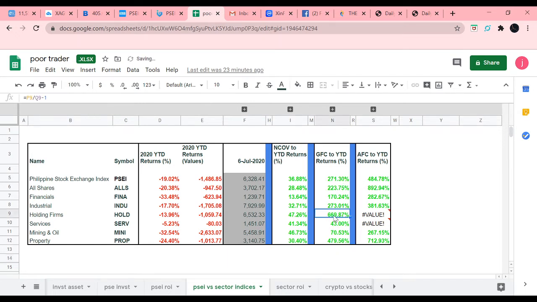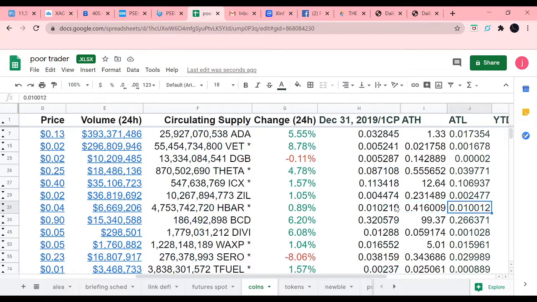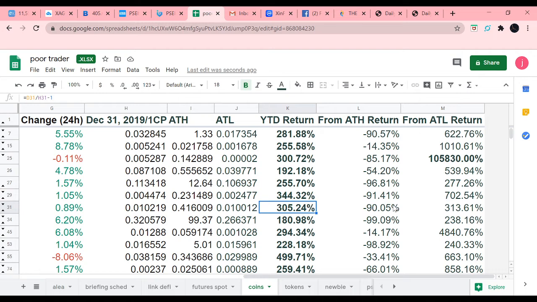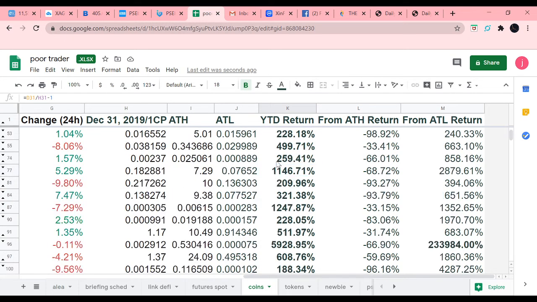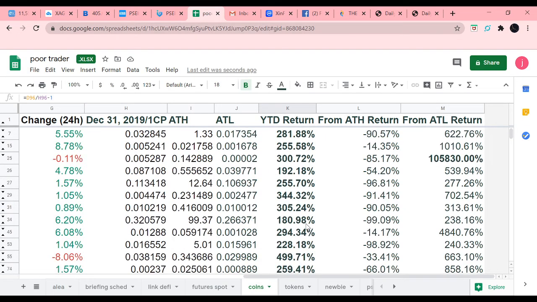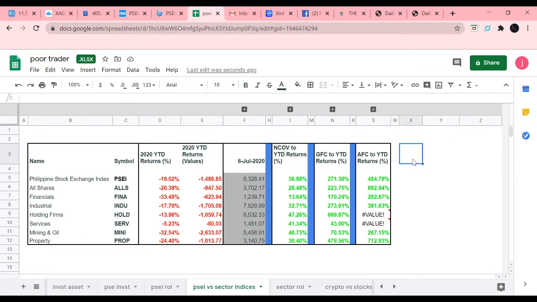Though malaki na din siya, but versus kasi sa cryptocurrencies, na-share ko din sa group, kung makikita mo, year to date nila, July din to, ganito yung mga returns nila. Makakita ka pa ng 1,000 plus and even 5,000 plus. So, yun yung isa sa mga factor kaya hindi na ako nag-add pa sa PSE or local stocks. Magfo-focus na lang ako sa global markets or sa cryptocurrencies.